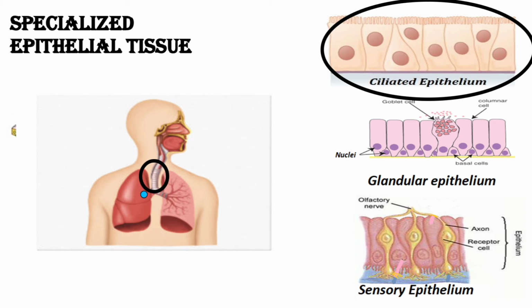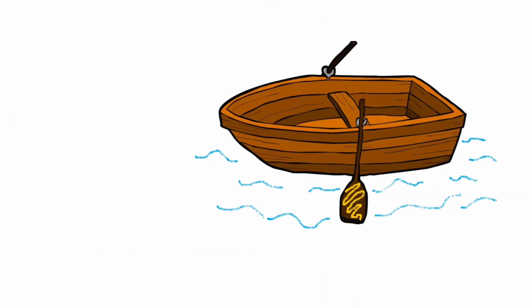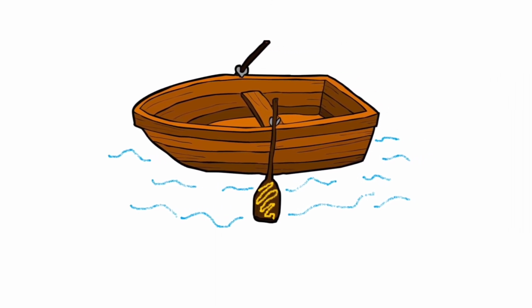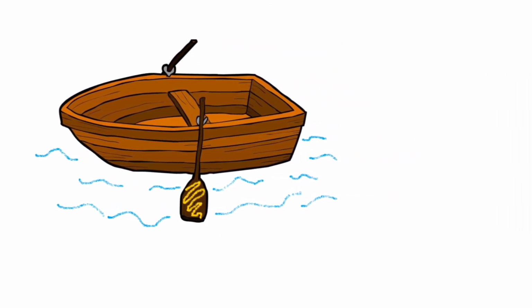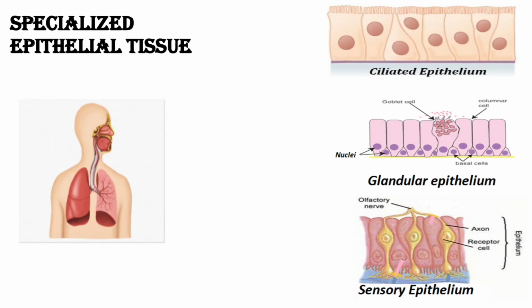The functioning of the ciliated epithelium is just like the oars of the boat. Have you seen the oars of the boat? What are they used for? They are used so that the boat moves forward, right? So they help in the movement. Similarly, the ciliated epithelium also does the same function. They help in the movement of the substances.